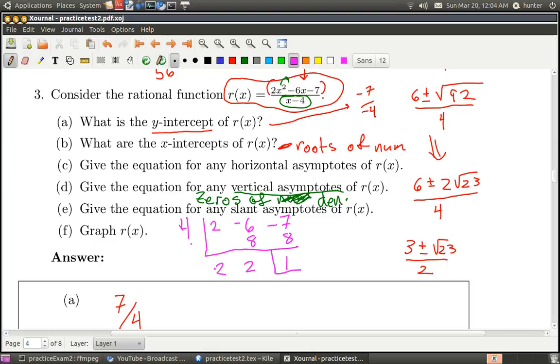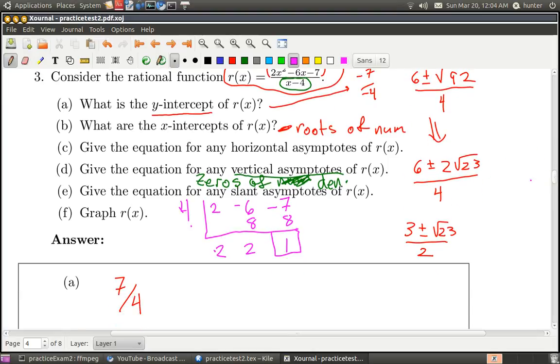Okay, so what this means is the remainder is 1, and it says that 2x squared minus 6x minus 7 divided by x minus 4 is equal to 2x plus 2 plus 1 over x minus 4.